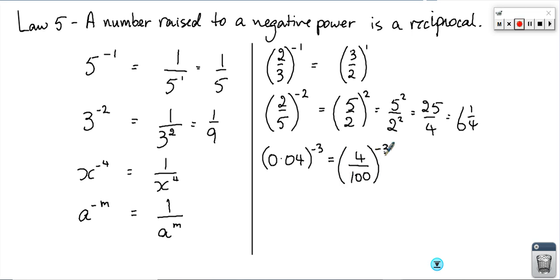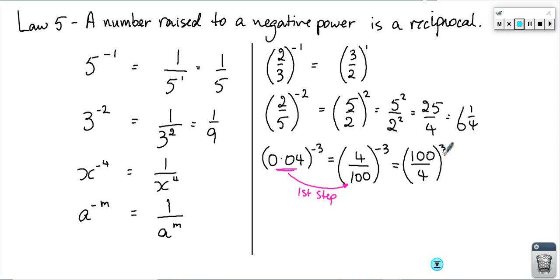So the first step, and you have to be very careful with this, in the first step, change the decimal to a fraction. Second step, do the reciprocal. So the negative power is the reciprocal of the fraction, which is 100 on 4 to the power of 3.